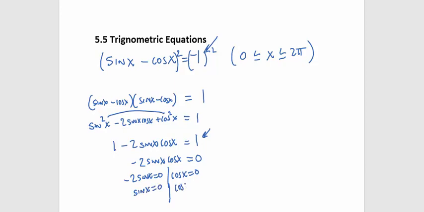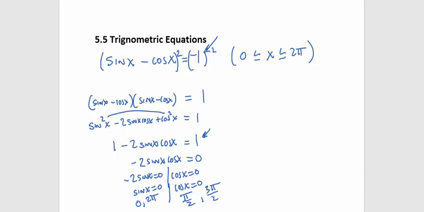And when does cosine of x equal 0? So sine of x equals 0 at 0 and 2 pi. Cosine of x is going to be equal to 0 at 2 locations. That's going to be pi over 2 and 3 pi over 2. So now I've got 4 potential solutions. But now I need to check to see if they work.